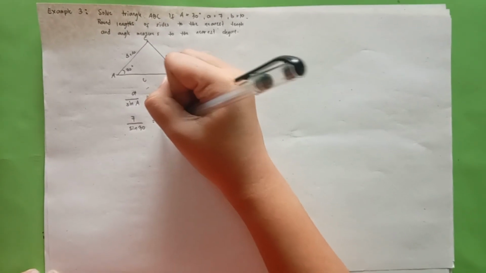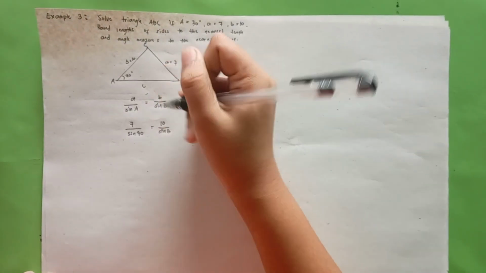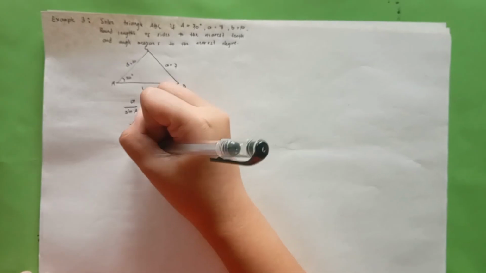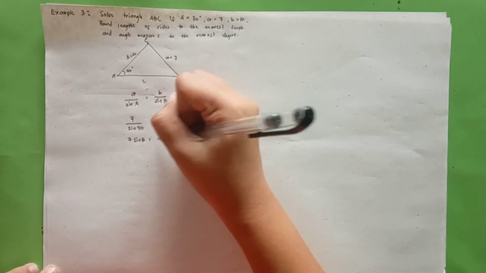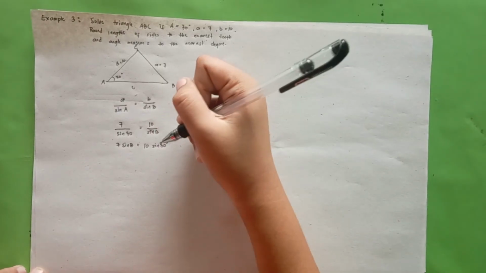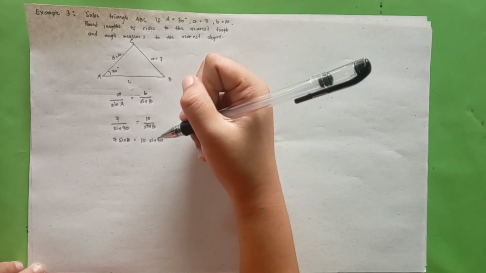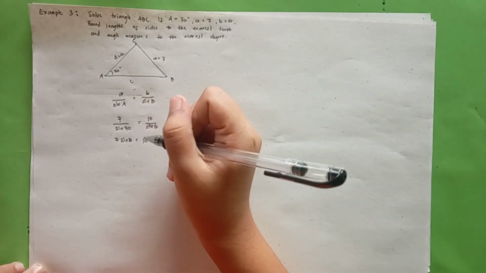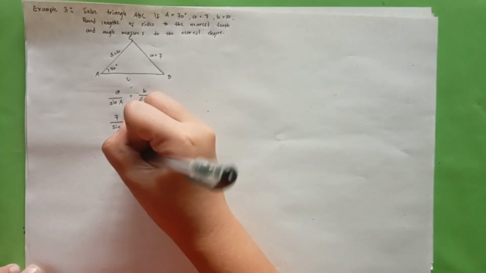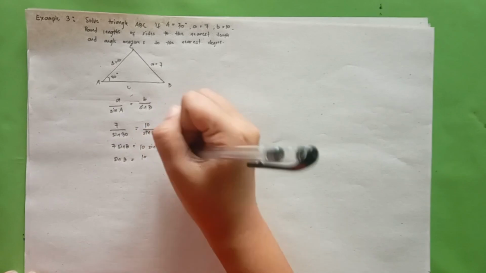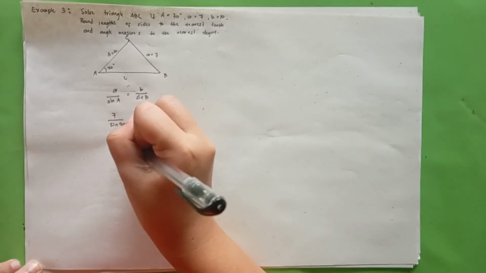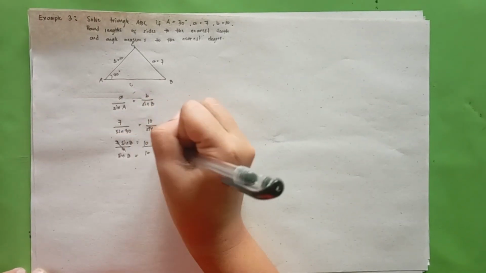So, side A over sine A is equal to side B over sine B. This is the law of sines. So, we substitute angle 30 and side A and side B. And then cross multiply to isolate side B, and then divide both sides by 7.